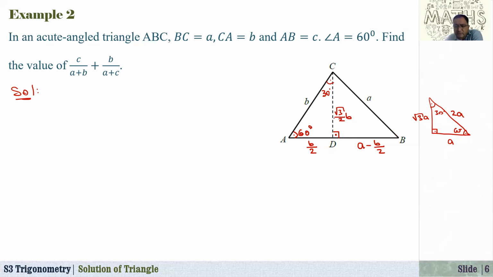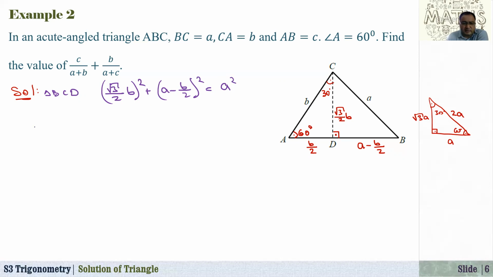Okay, so if you just write the Pythagorean theorem for the triangle, let me just write here triangle BCD. What do we have here? We have square root of 3 over 2 B, squared, plus A minus B over 2, squared. So that's equal to A squared.